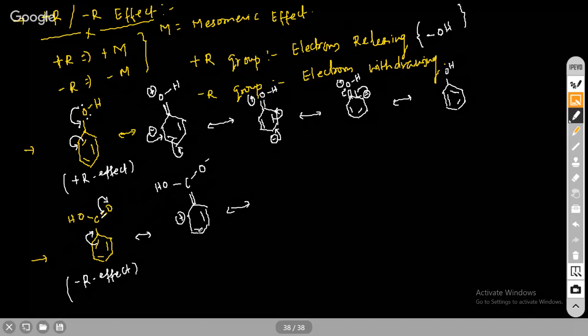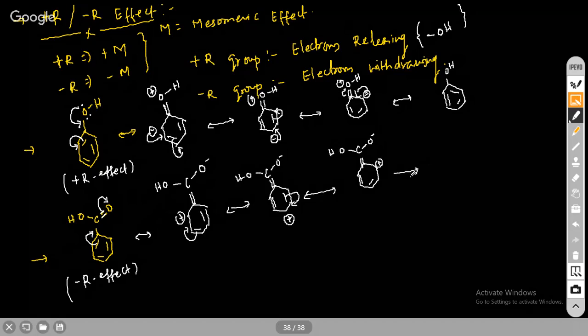Another structure is what? When this pi electron comes over here, we'll get a double bond here. All other things will be as they are. O minus OH, double bond here. Here we'll have the positive charge. Another one you see, when this pi electron comes over here, double bond, positive charge here, double bond C O minus OH.